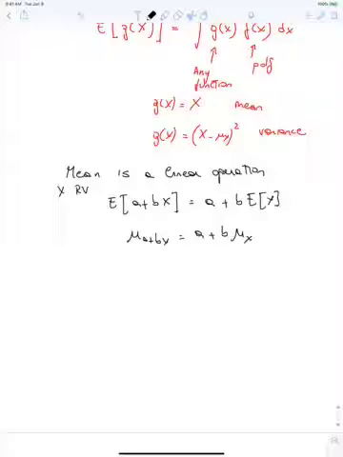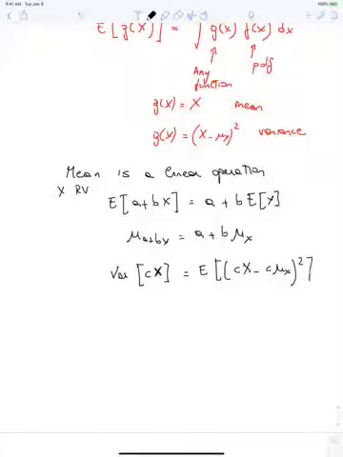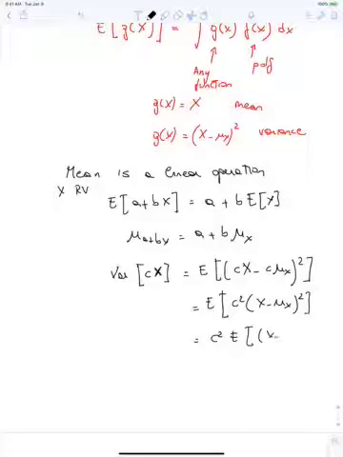But then if you take the variance of a constant times x, well, this is the expectation of c x minus c mu of x, squared. This can be written as E of c squared times x minus mu of x squared, which is c squared times the expectation of x minus mu x squared, which is c squared times the variance of x.